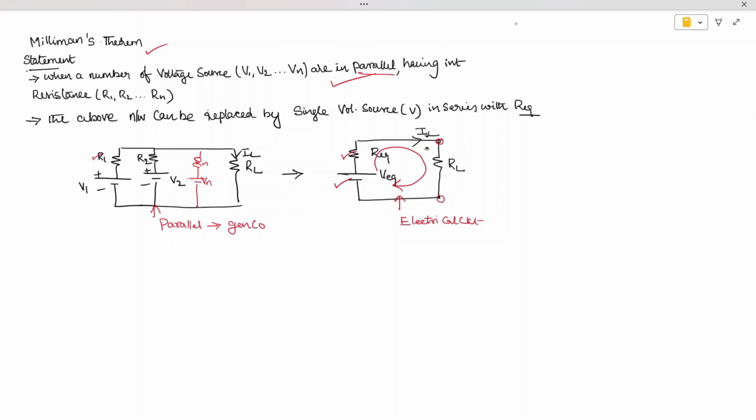So to solve this problem, multiple generators of smaller units are installed in parallel. When you have multiple generators connected in parallel, they can be replaced with a single generator. That is the concept of Millman's theorem.